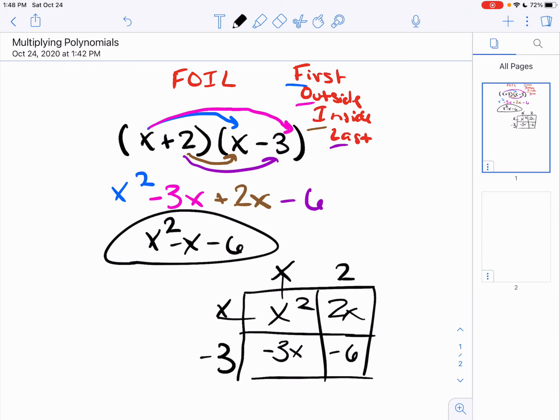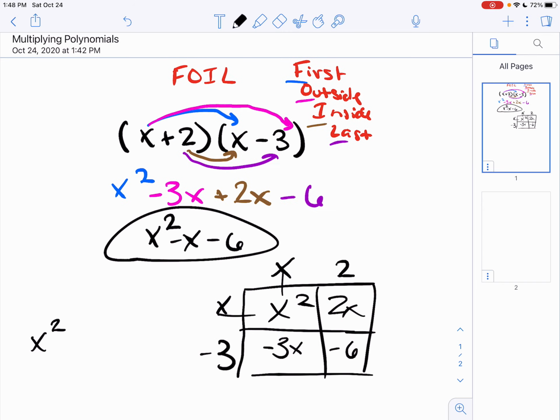Now, to figure out our new polynomial, we just add everything inside the box. So, x squared, I combine negative 3x and 2x because they're like terms, negative x minus 6. As you can see, they come out exactly the same, so that worked.